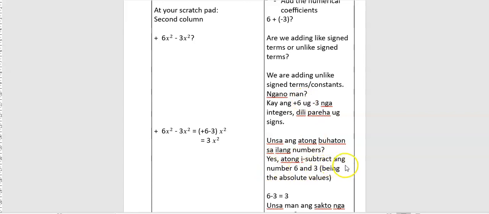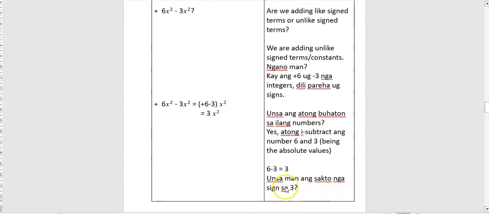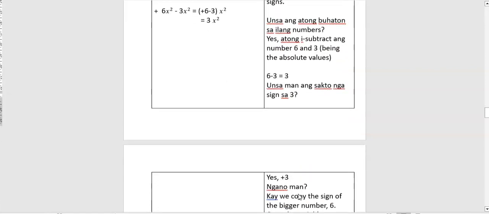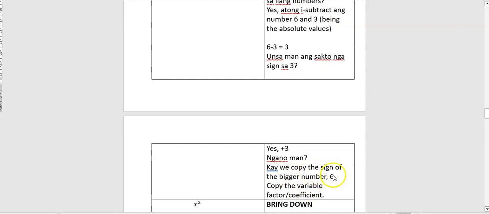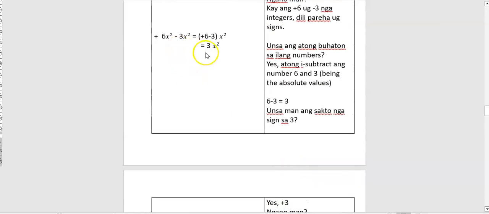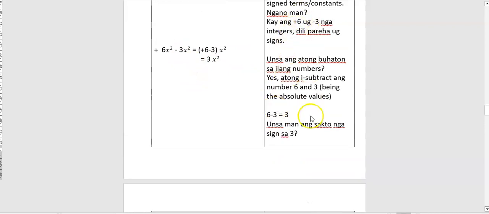Yes, atong isubtract ang number 6 ug ang number 3, being the absolute values. So, 6 minus 3 is 3. Unsa man ang sakto nga sign sa 3? Yes, it's positive 3. Kay we copy the sign of the bigger number 6. Unsa ang sign sa bigger number 6? Positive.